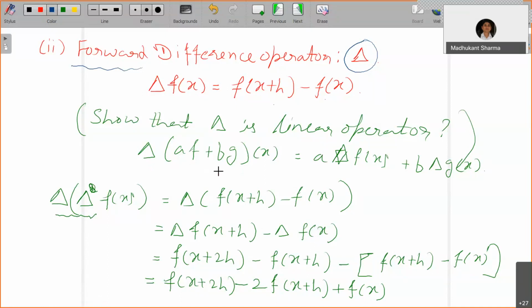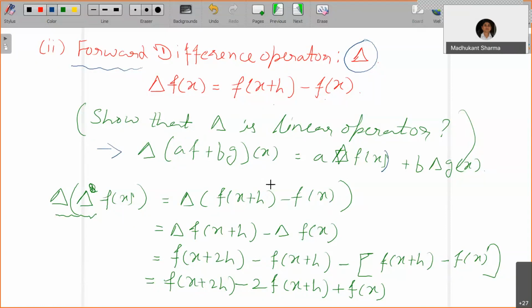If you are able to show the following definition for the given operator, that will prove it is a linear operator, like the derivative. The derivative of a sum of two functions is the sum of the individual derivatives, and similarly you can take a scalar out.